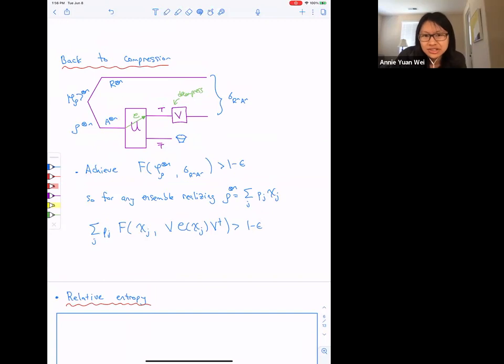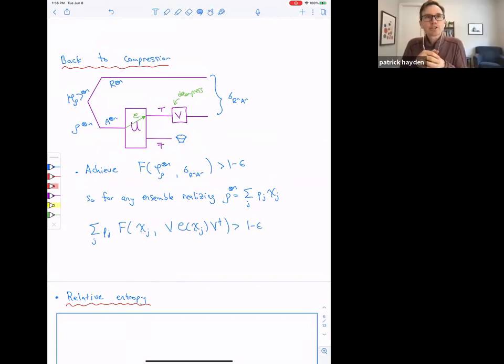I guess how would you choose the best choice of decomposition, say you want this to be as large as possible? Is that easy to do? Well, the choice of decomposition is really more something that might be given to you. If you're going to try to compress in a given situation, there might be some source that's generating particles, and you might say, I want to compress whatever's coming out of that source.